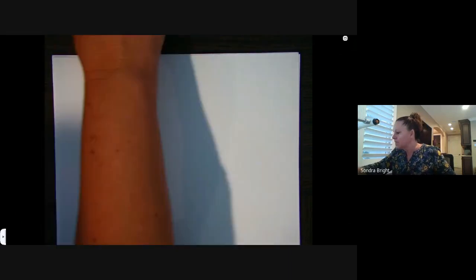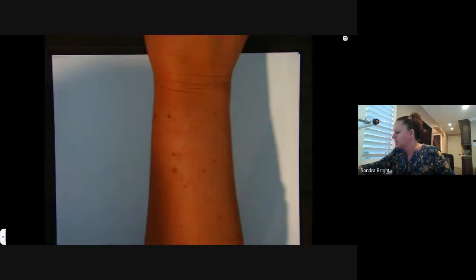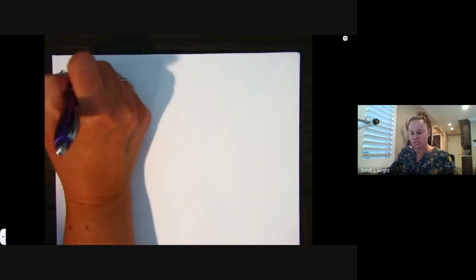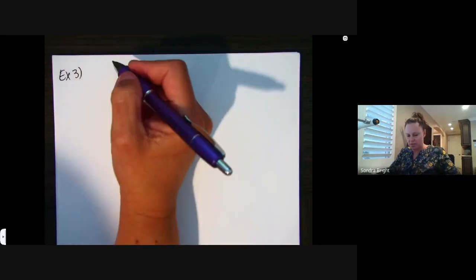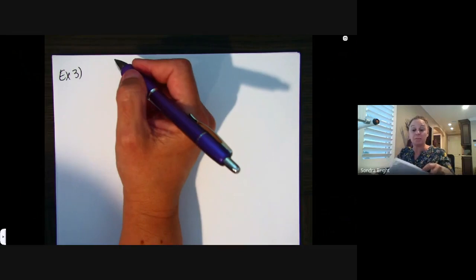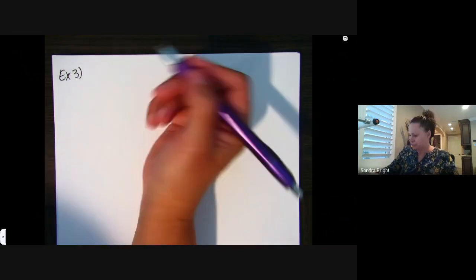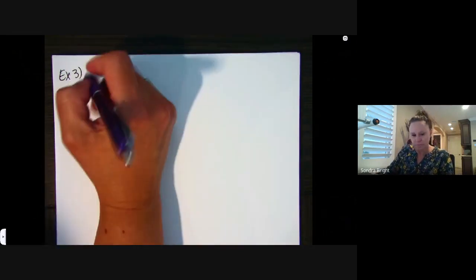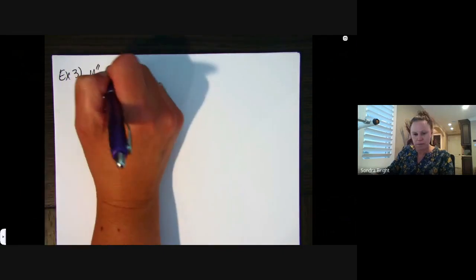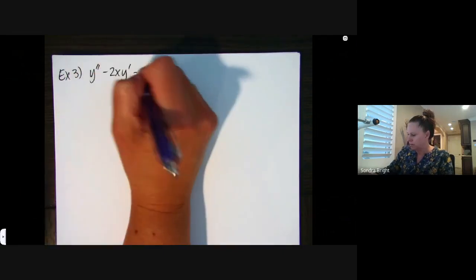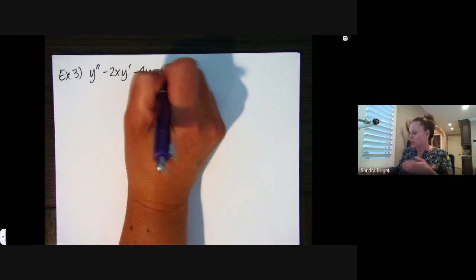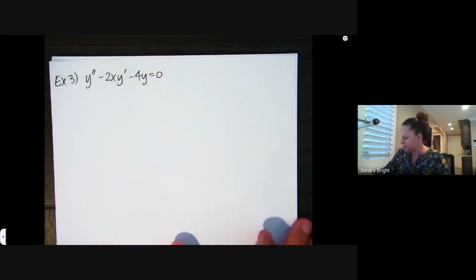Okay, all right, so we're on example 3. Same directions: find the general power series solution for this. Do you see there are no singular points?